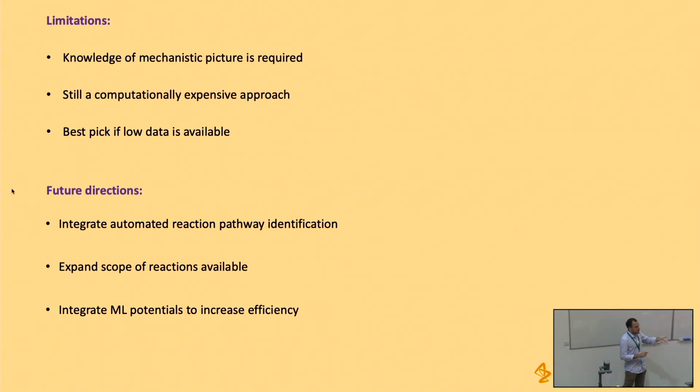Secondly, what would be really important as well is to be able to automatically generate such transition state intermediates, and there are a lot of programs out there that are trying to achieve this, and we have someone in the group as well who is working in this direction. And finally, this ties back to what I was saying before: expand the scope of reactions available.